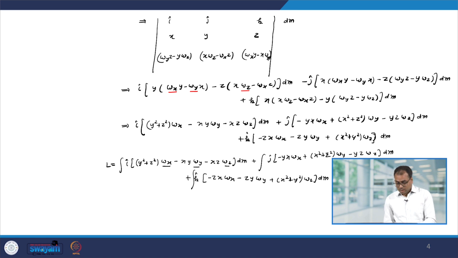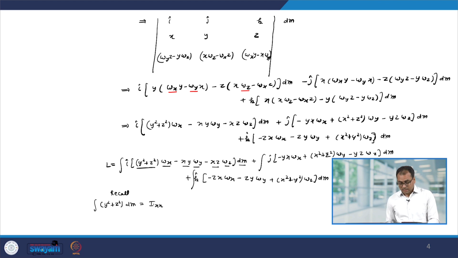Okay. Now another important point is, look at this quantity (y² + z²) dm. Similarly xy dm and xz dm. So you have to recall that the integral of (y² + z²) dm is the moment of inertia about the x axis. Okay.